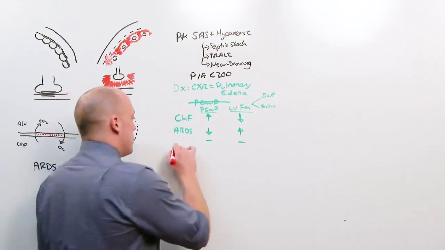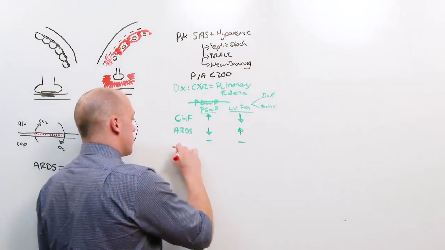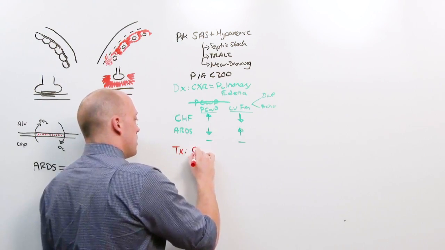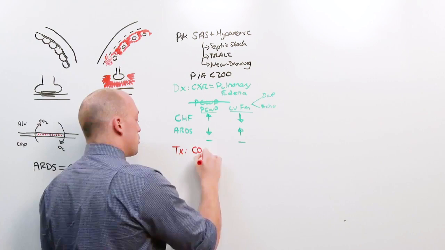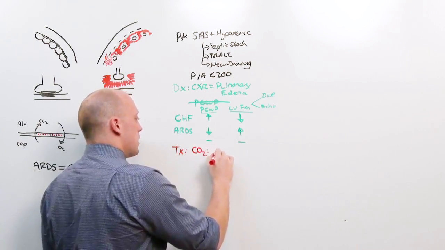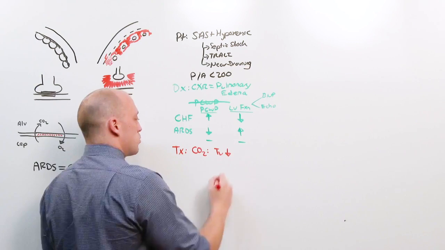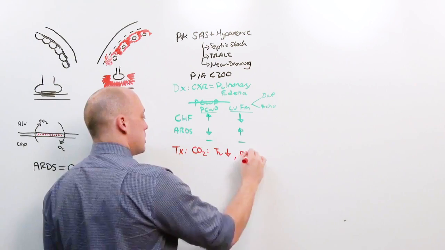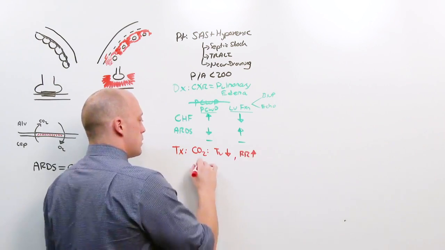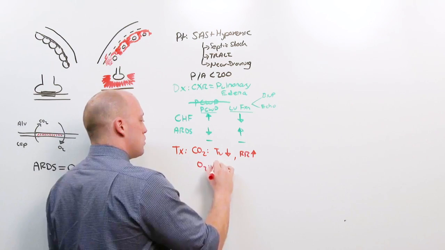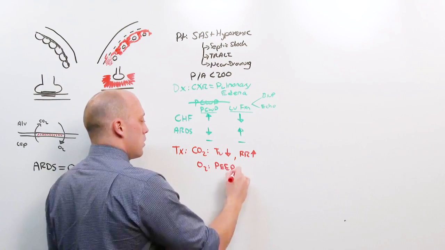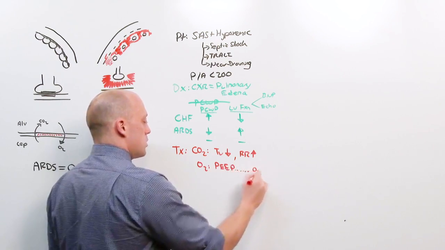To treat ARDS, the goal is intubation. And you want to manage two things. In terms of CO2 and pressures, you want to keep the tidal volumes low to reduce pressure and the respiratory rate high so you don't accumulate CO2. In terms of the oxygen, you want to use PEEP, positive end expiratory pressure, more so than increasing the oxygen.